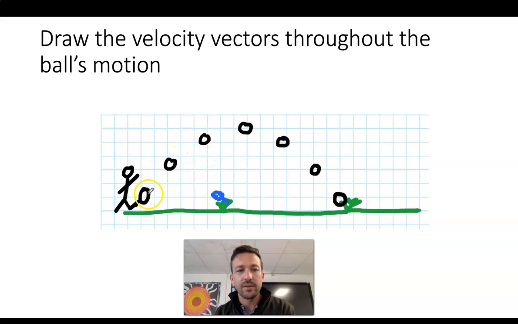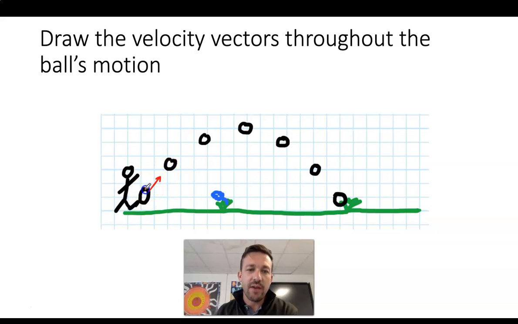When you kick it, the velocity is going like this at a diagonal. But what we're doing is breaking up the velocity vectors, and we always break them up into the two dimensions, the vertical and the horizontal. Let's say you kick it with some velocity that looks like that.